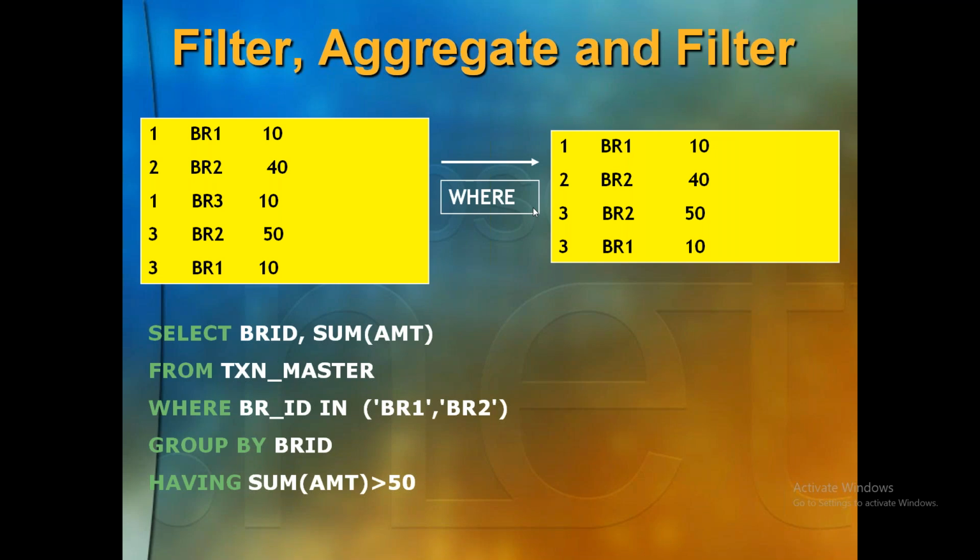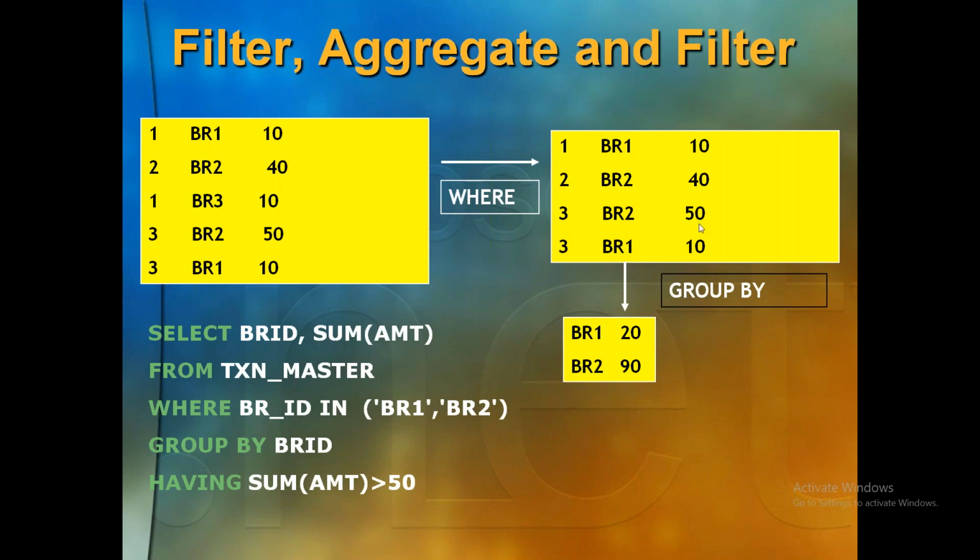Now, after the where clause is applied, group by is going to happen. Group by means BR1 is one group, BR2 is one group, and summing is also going to happen. That is what is called group by and aggregation. BR1 10, BR1 10, 10 plus 10 is 20.